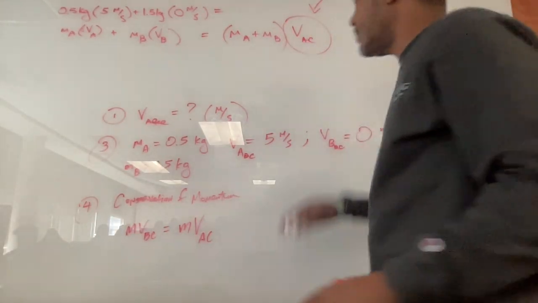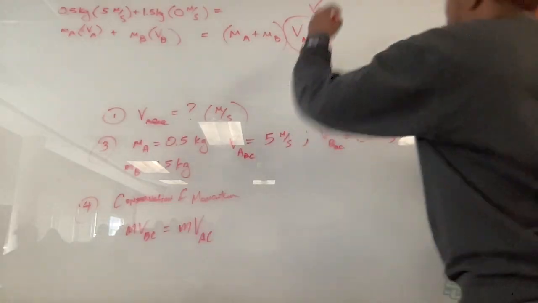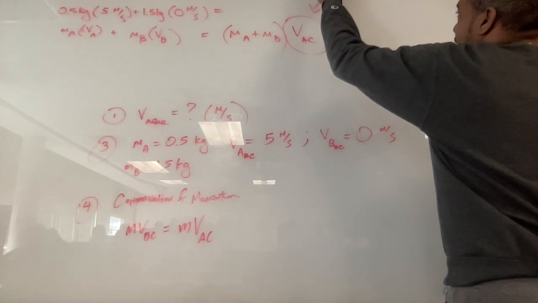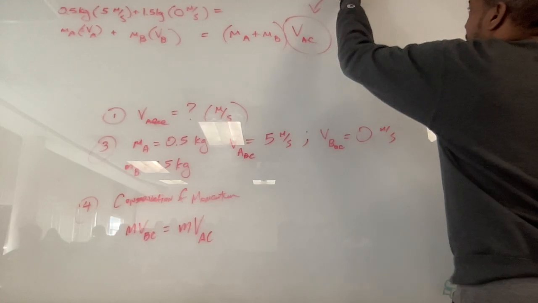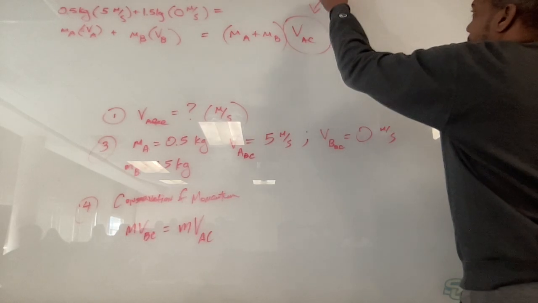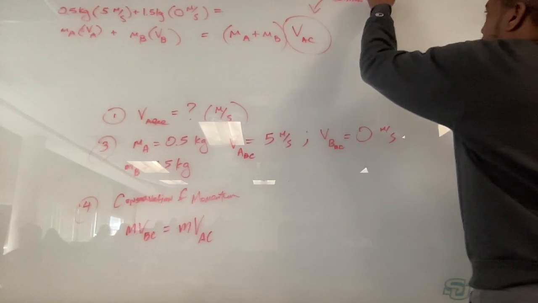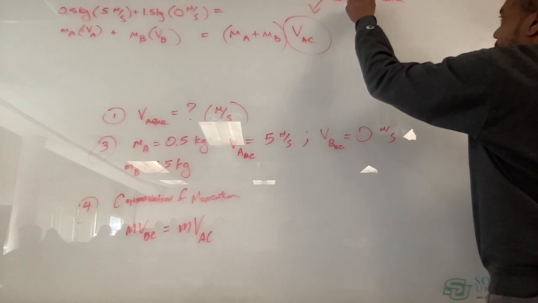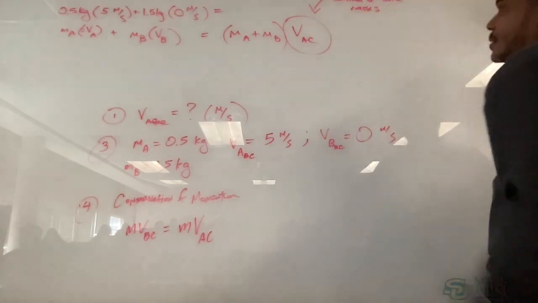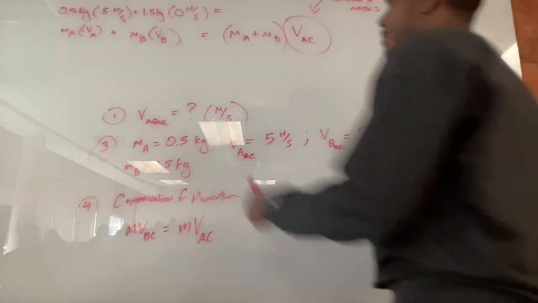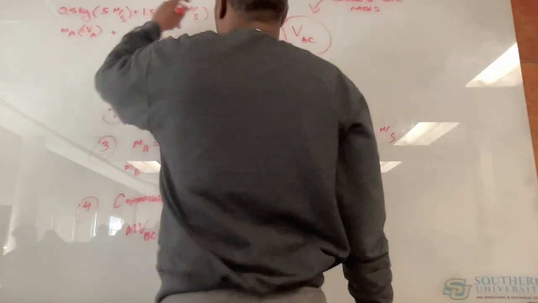I wrote F. Speed, velocity after collision of both masses. Right? So then we can finish it.